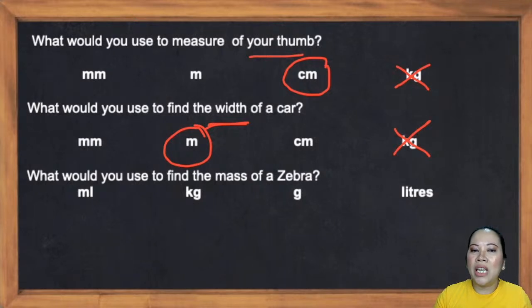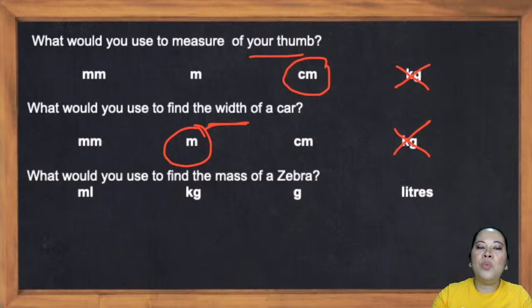However, logically, you will have difficulty measuring it by millimeter or centimeter, probably using a small ruler. But if you use your meter stick or your measuring tape, it's easier to measure the width of a car by meters.